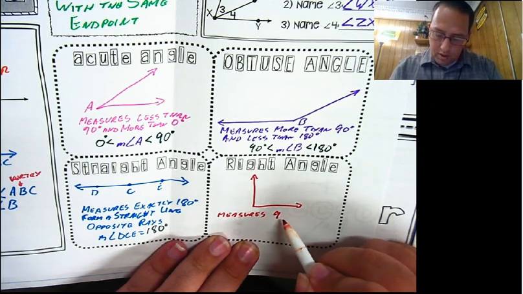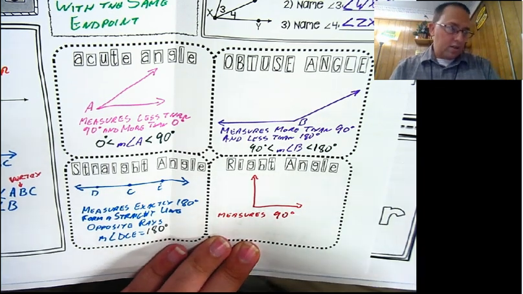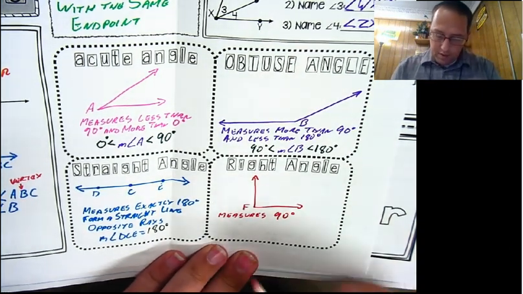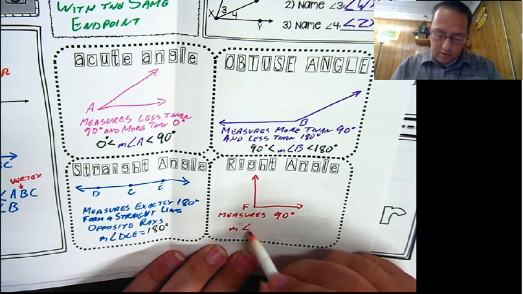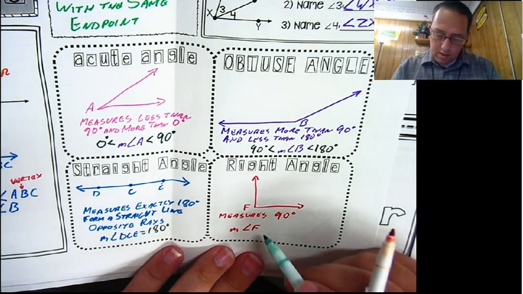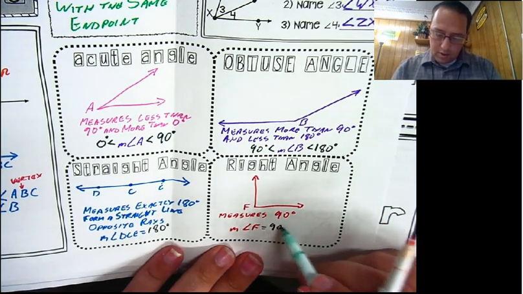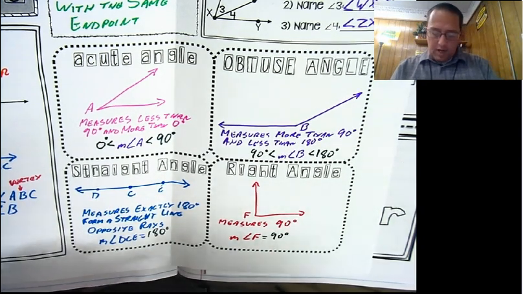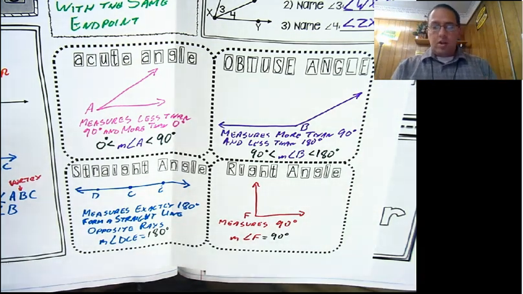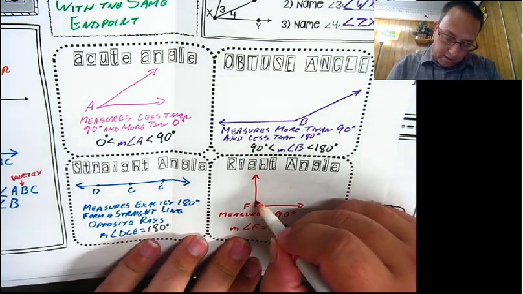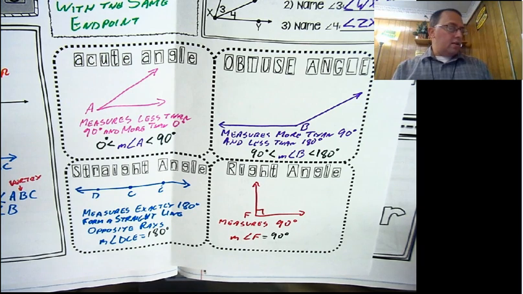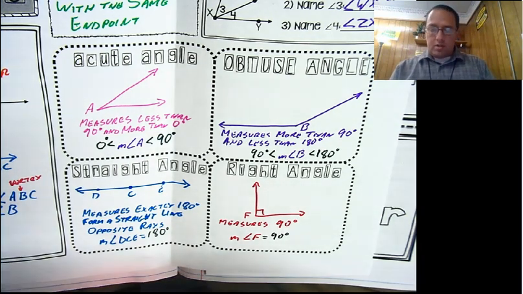And so we will call this angle F. So the measure of angle F equals 90 degrees. And when we have a right angle, we actually have a special symbol for that we put in the diagram, which is this little box. And what that means is it's perpendicular, it means it's 90 degrees.